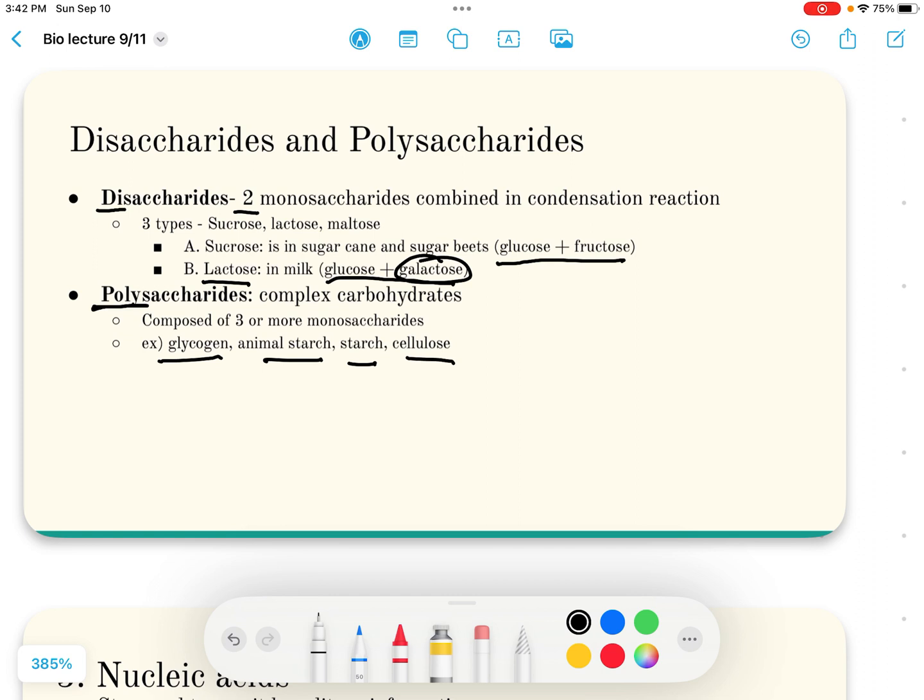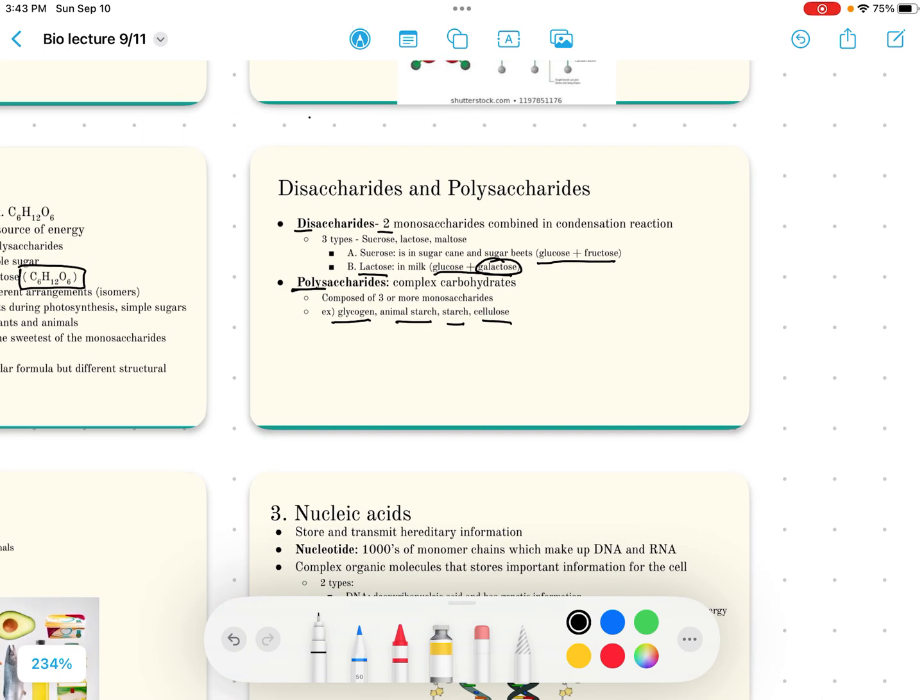So things like cornmeal and cornstarch, anything that has a ton of starch. Potatoes have a lot of starch in them, so they're going to fall under this polysaccharide. Very complex carbohydrates have a lot of stored sugar inside of them that we are able to ingest and break down for our bodies to then use.